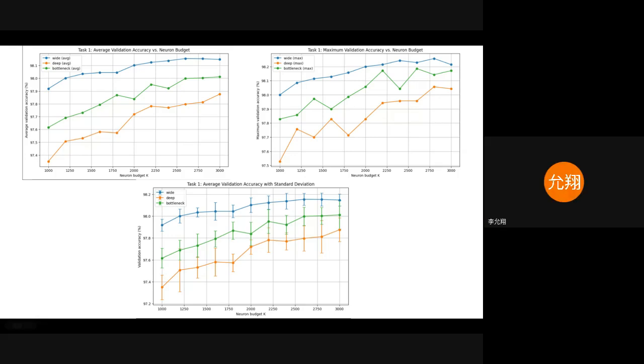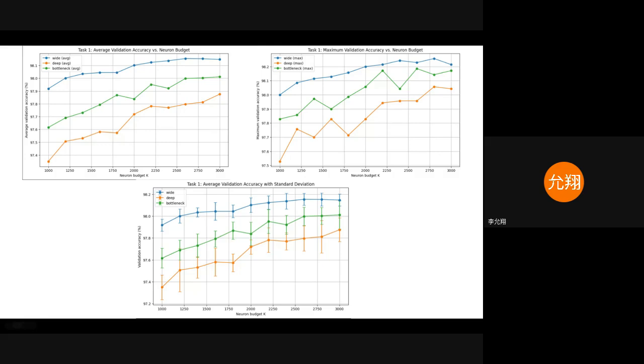So the next figure shows the maximum validation accuracy for each architecture family. Compared with the average accuracy plots, you can see that the overall rankings are still the same. Wide performs the best, bottleneck is second, and deep is the lowest. So the wide architecture reaches the highest peak accuracy across almost all budgets. And down here, you can see the standard deviation of the average validation accuracy.